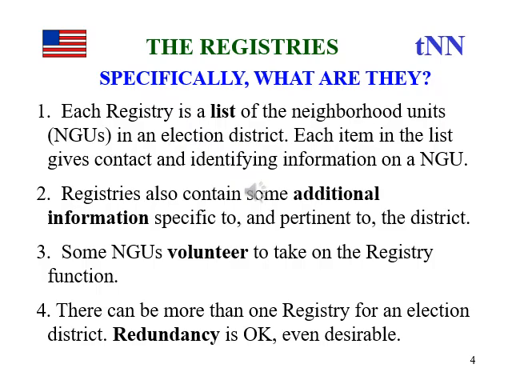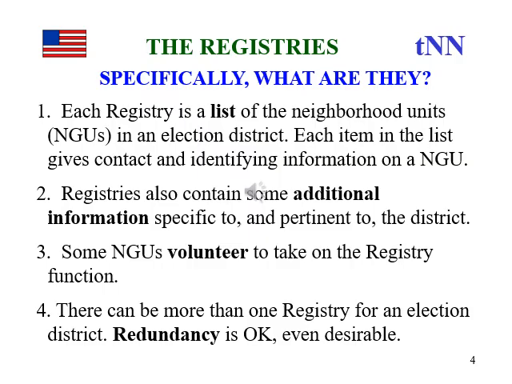Specifically, what are they? 1. Each registry is a list of the neighborhood units, NGUs, in an election district. Each item in the list gives contact and identifying information on a NGU. 2.